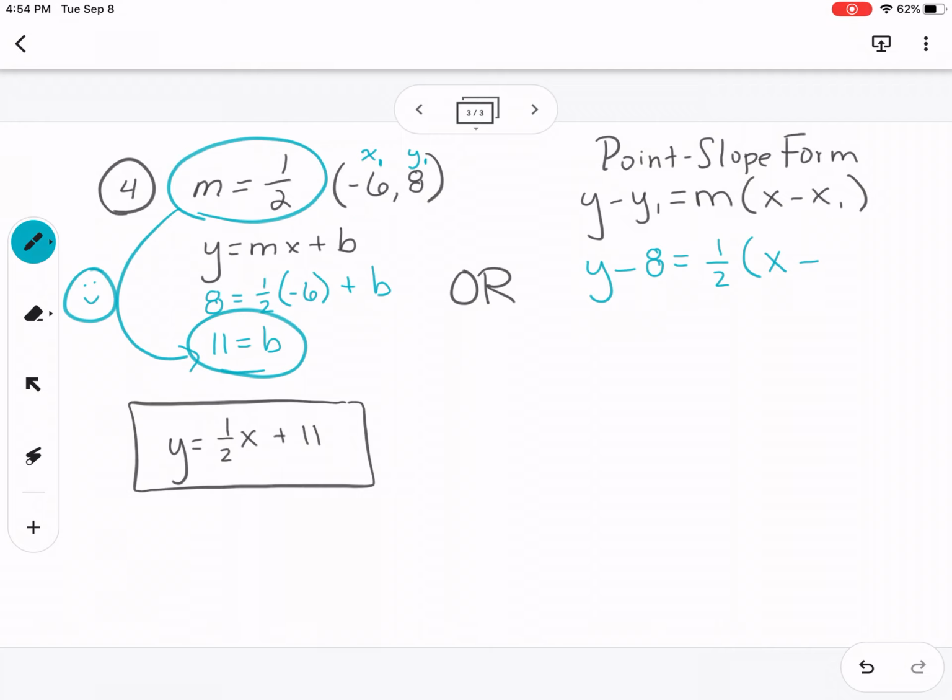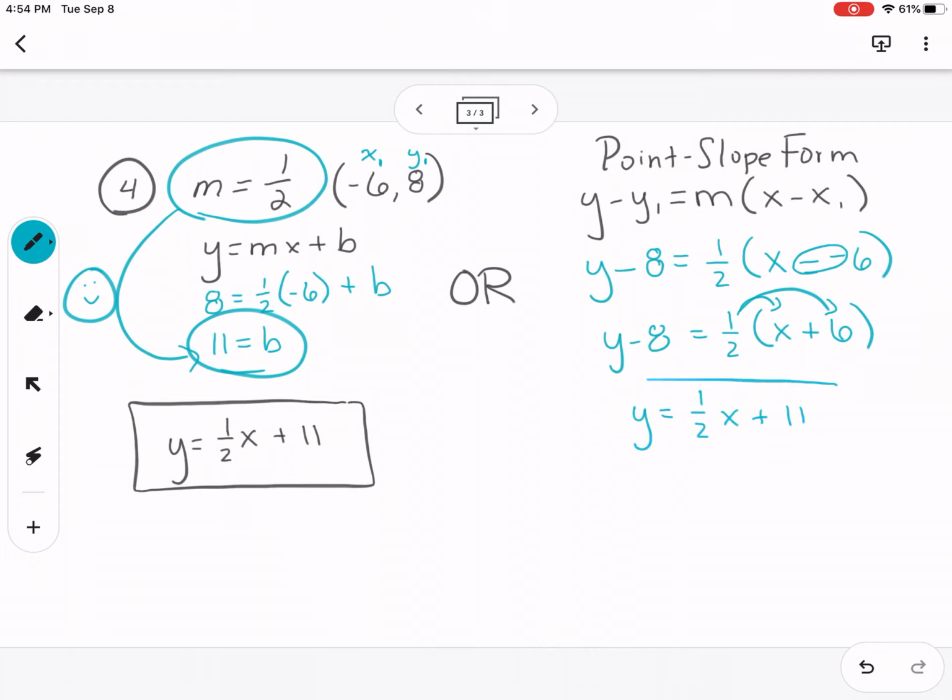Watch out for that double negative that's going to appear. So this is going to become a positive. Then I would distribute, move everything around, add the 8 over to both sides, and you get the same answer. I don't care which method you choose, as long as you get one of these final answers.